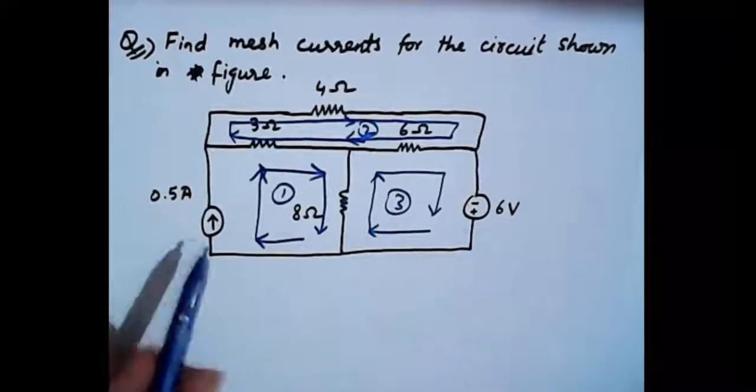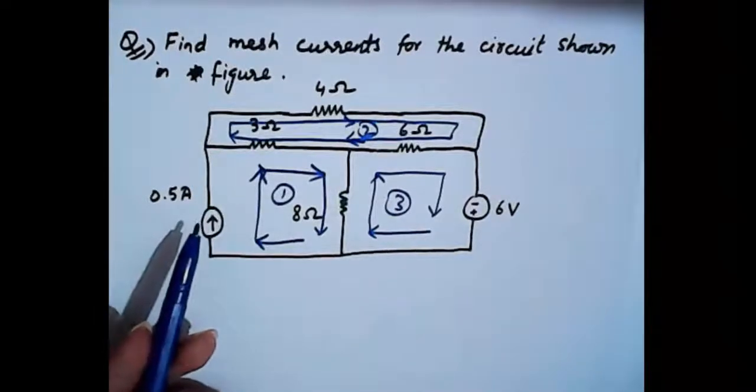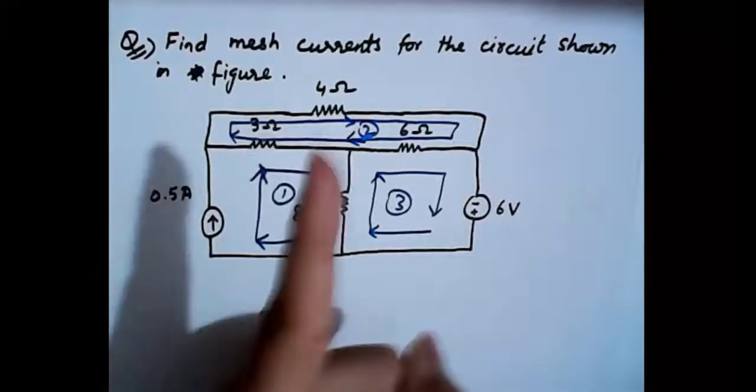Here we can see that we have a current source, but the good thing about this current source is that it is part of only a single loop, right?